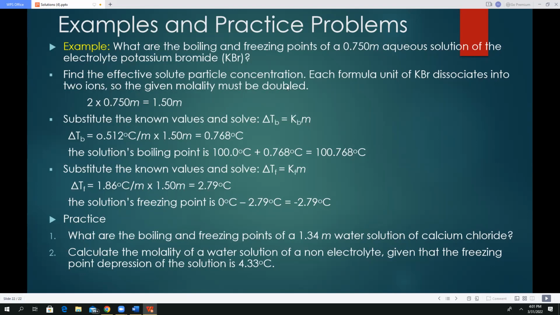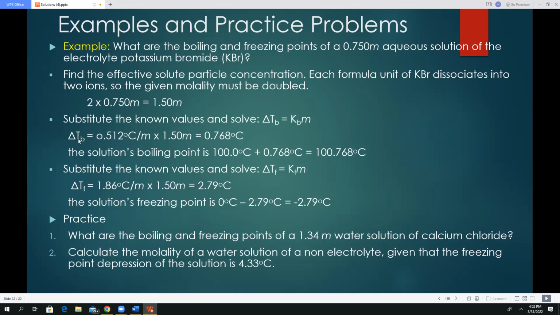So given the molality, it must be doubled, right? Does that make sense? You have to double it because you have 2 particles now rather than just 1, right? So if your molality was 0.75, it is now 1.5. Now substitute the known values and solve that equation.